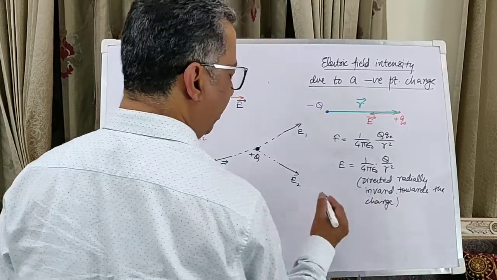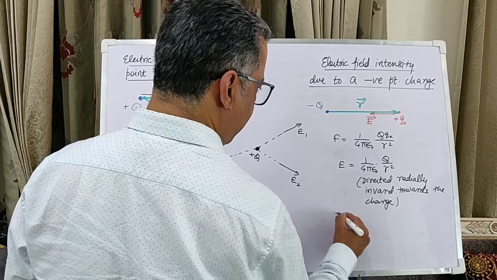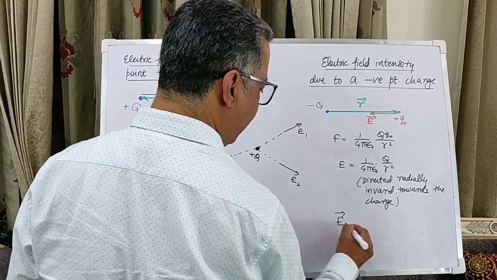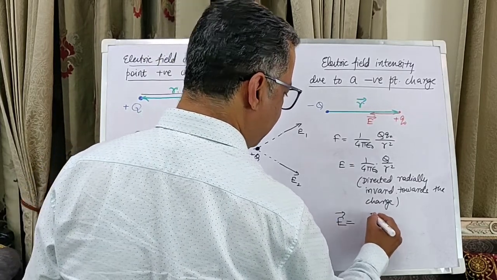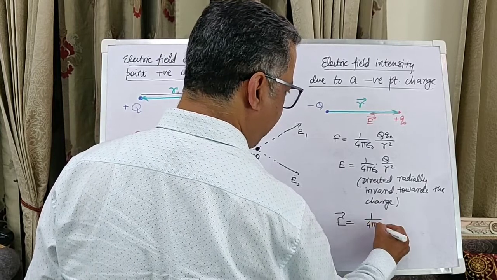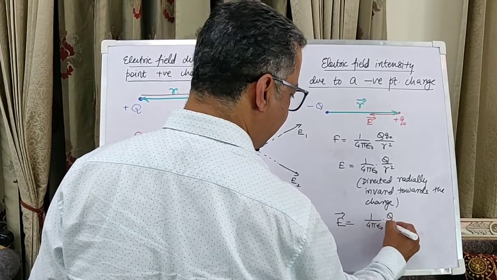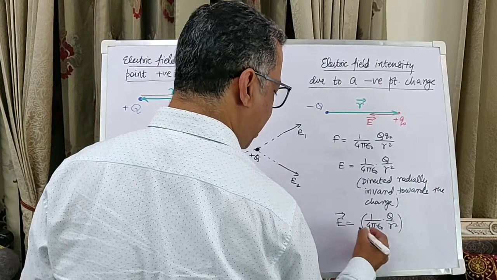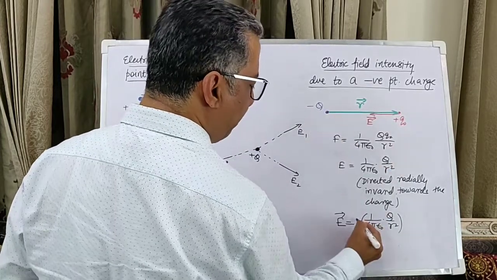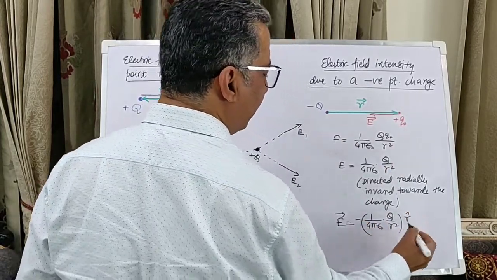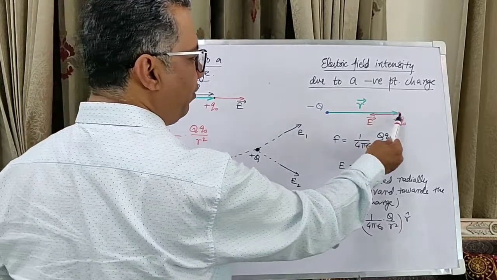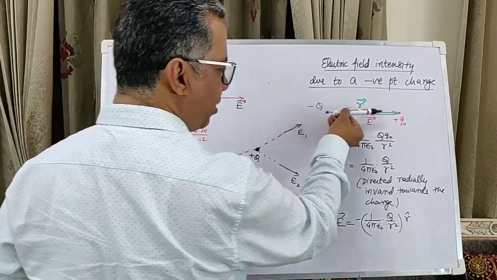And to depict this vectorially, what we can do is 1 by 4 pi epsilon naught q by r square, this magnitude can be multiplied by minus r cap, because the direction of the field is opposite to the direction of r.